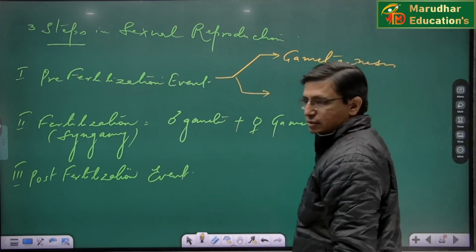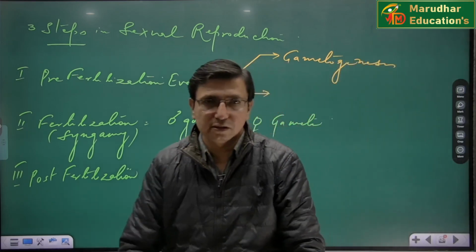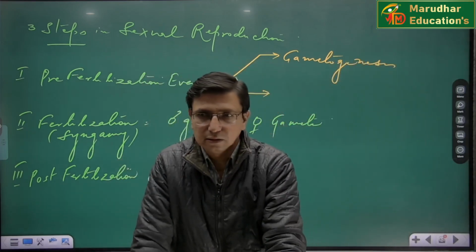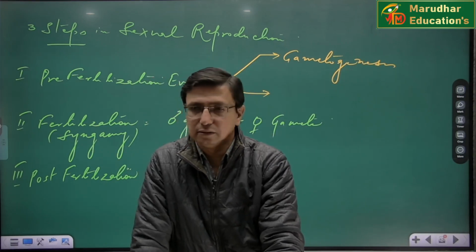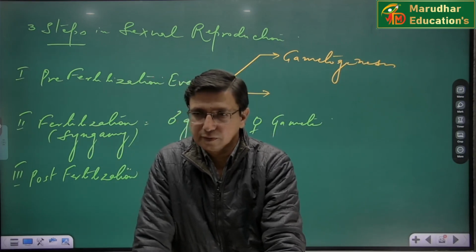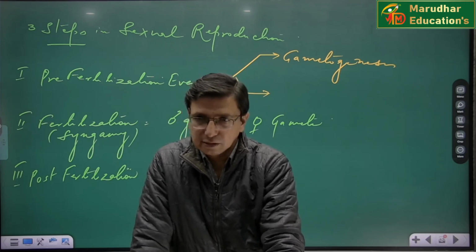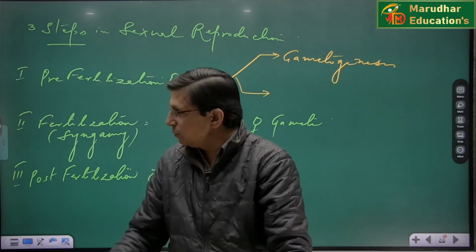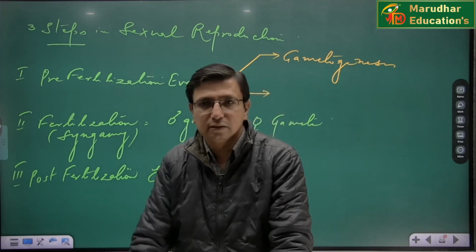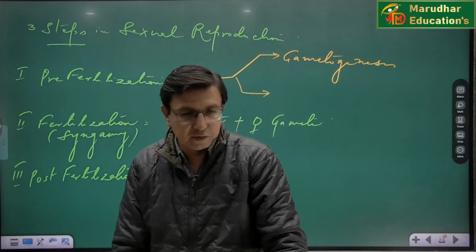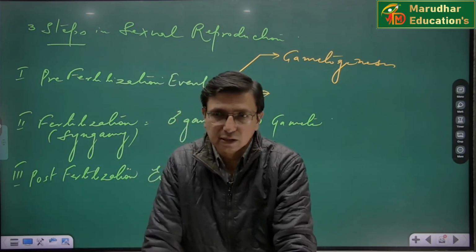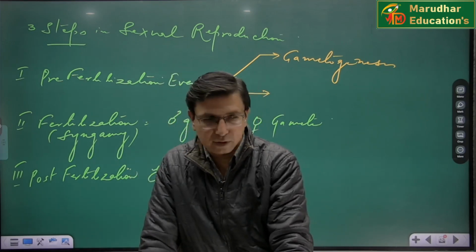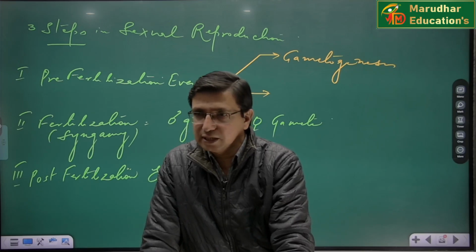What is gametogenesis? It is formation of gametes, that is sperms by males in testes and egg by females in ovaries, right? In case of animals. If we talk about plants, same events occur in plants as well as human beings. So gametes are formed in plants too. Where gametes are formed in plants, we shall see in plant reproduction. Where are they formed in animals?